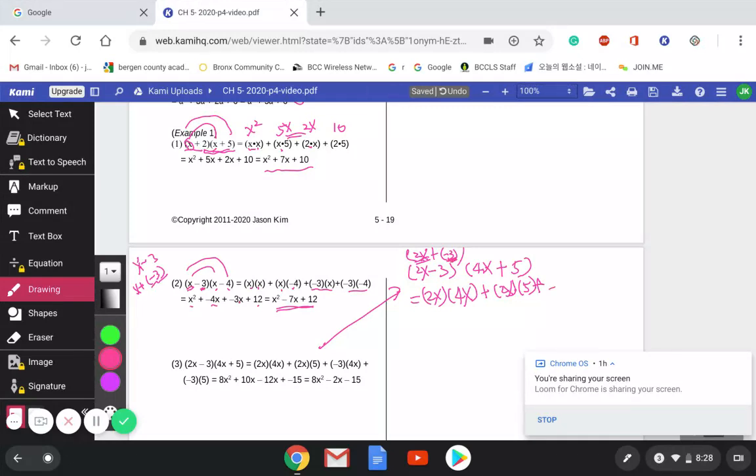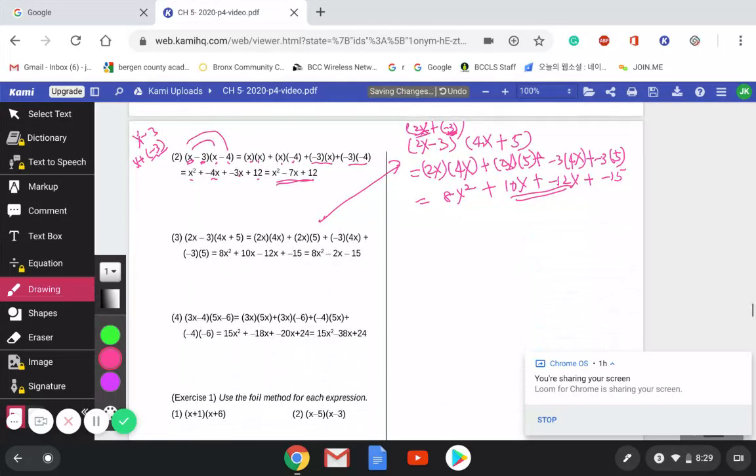Okay, so negative 3 with 4x, plus, you always plus from each term, negative 3 with 5. So you end up with 8x squared plus 10x plus negative 12x plus negative 15. Now you have 2 like terms.